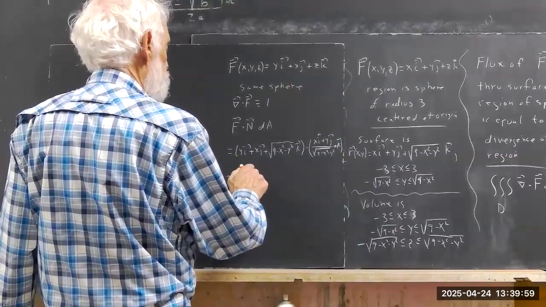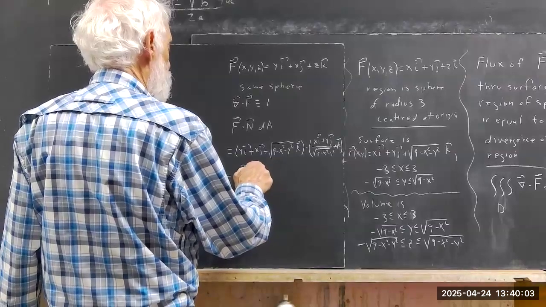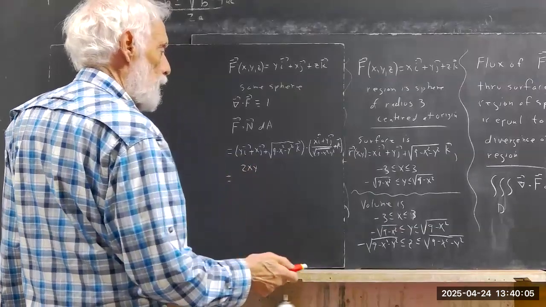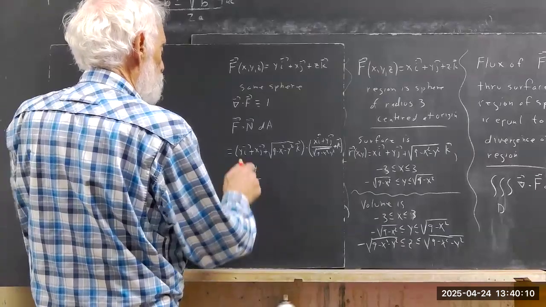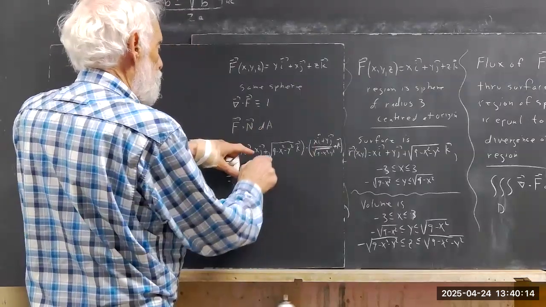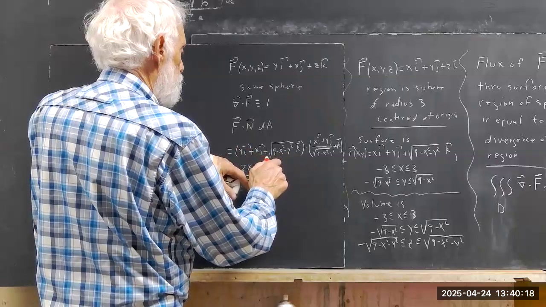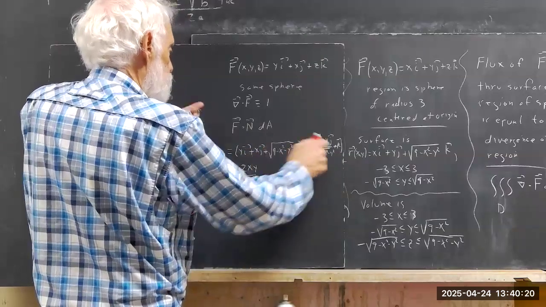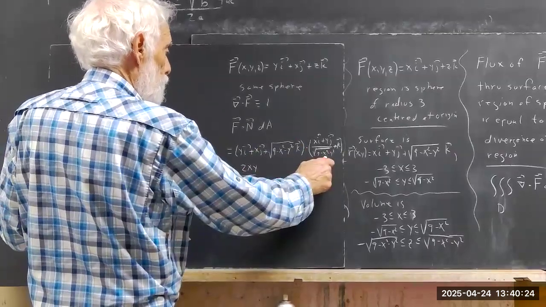And that's going to give you 2xy over that square root. Why? Because you got yi dot xi, which gives you yx, and xj dot yj, which gives you xy, gives you 2xy. And it's over this.